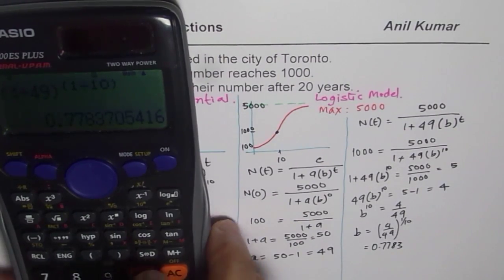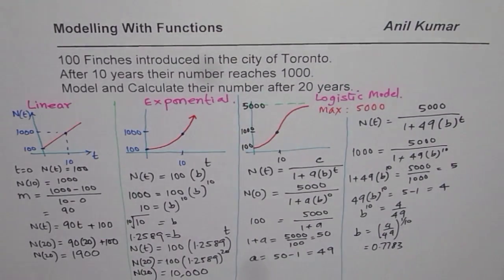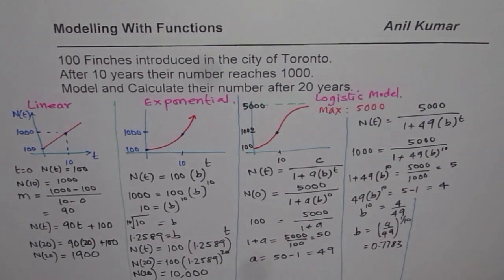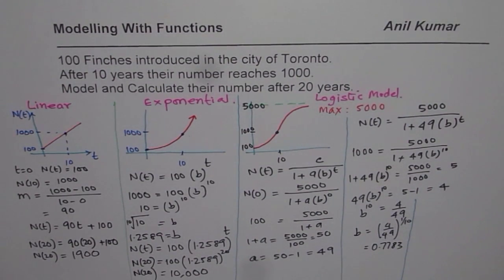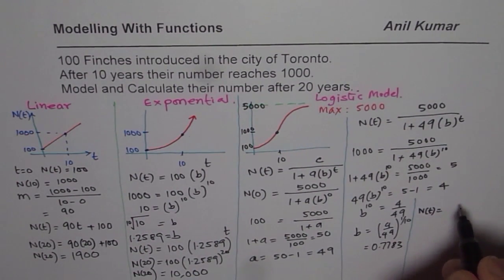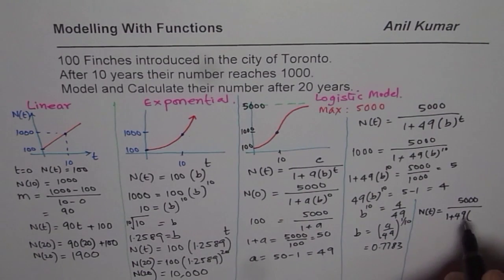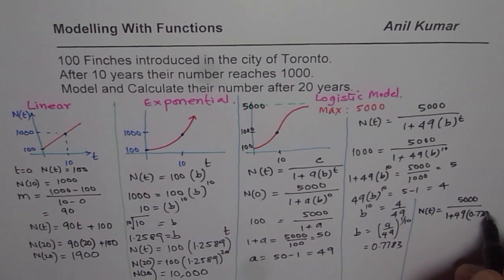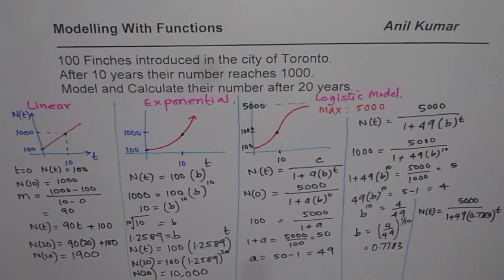That's the value of B. Now that gives us our ultimate formula of the logistic model. So let me write down this formula here. N(t) equals 5,000 divided by 1 plus 49 within brackets 0.7783 to the power of t. Do you get the idea? So that is how you get your formula, right?